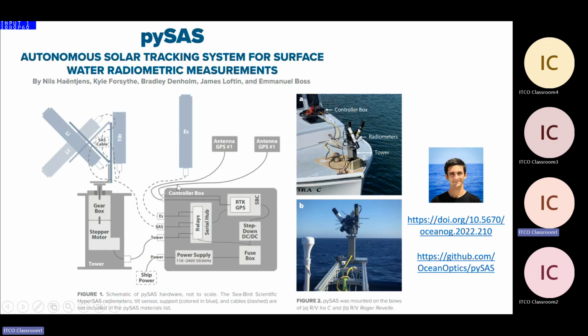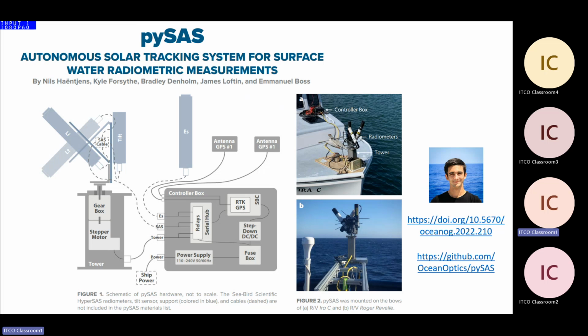Speaking of the HyperSATS radiometer that would be mounted on a boat like a ferry, this is another example of a really interesting open source example of somebody in the community taking an existing system and building a really interesting system around it.